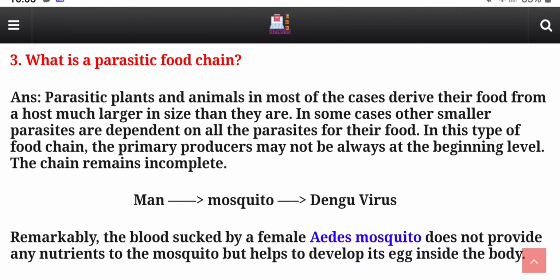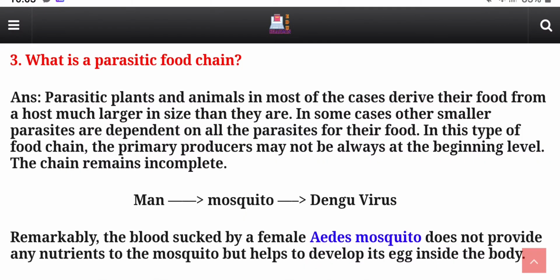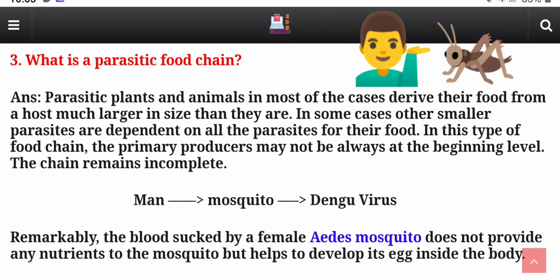So in a parasitic food chain, parasitic plants and animals in most cases derive their food from a host much larger in size than they are. In some cases, other small parasites are dependent on the parasites for their food. So in this type of food chain, primary producers may not always be at the beginning level. If you see here, here is a man and here is a mosquito and here is a virus.